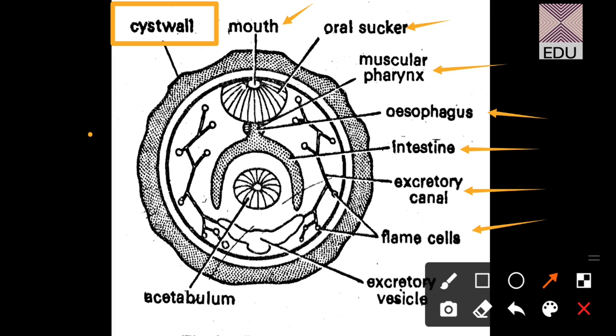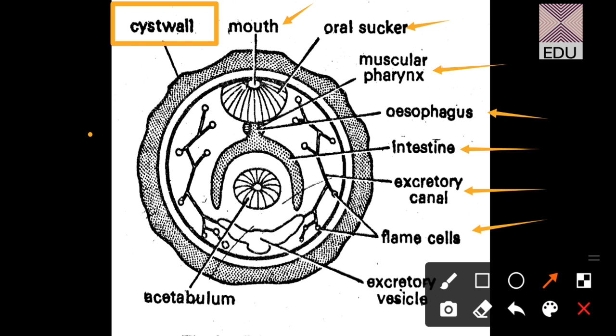So this metacercaria larva can remain on the leaves for many days, many months, and whenever a sheep eats this metacercaria, the cyst wall will be broken down and a fluke will develop out of this larval form.